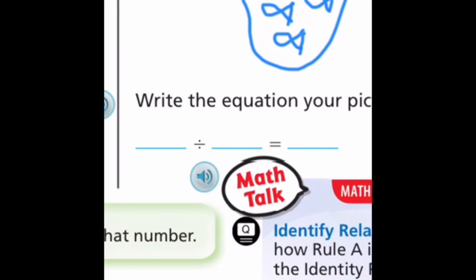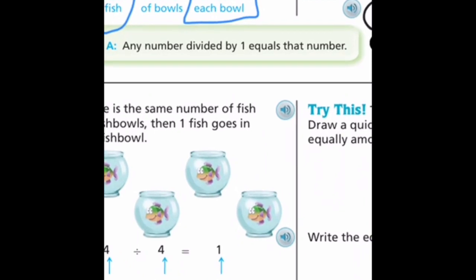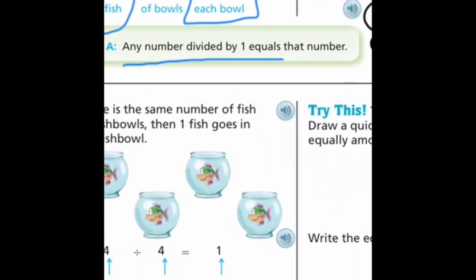So I have 3 fish into one fishbowl, and that means 3 fish in one bowl. Okay. Rule A. Any number divided by 1 equals that number. Any number divided by 1 equals that number.